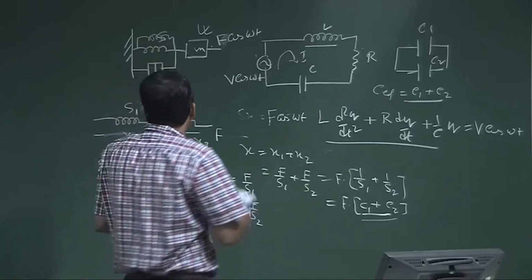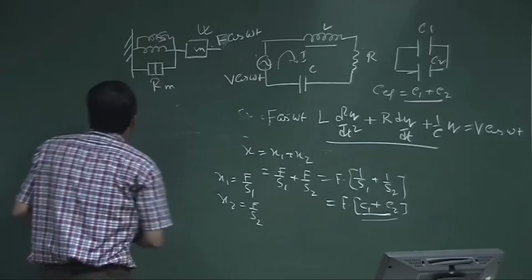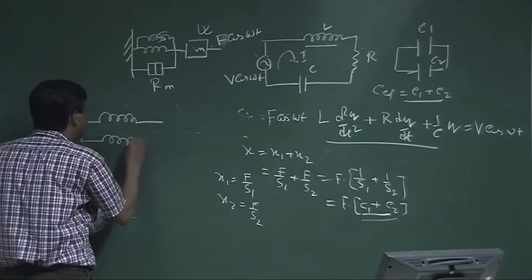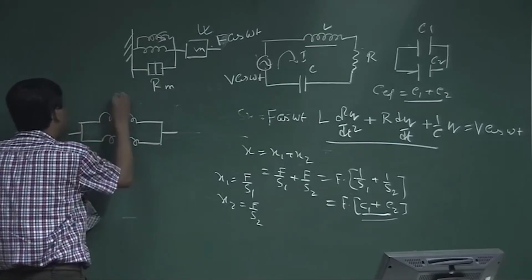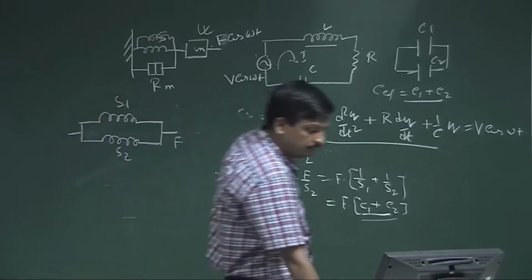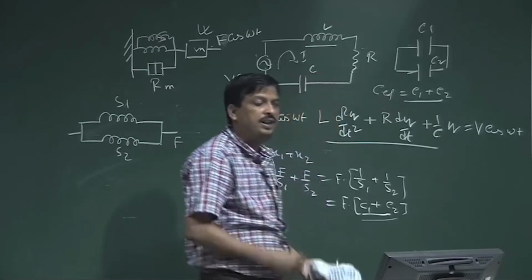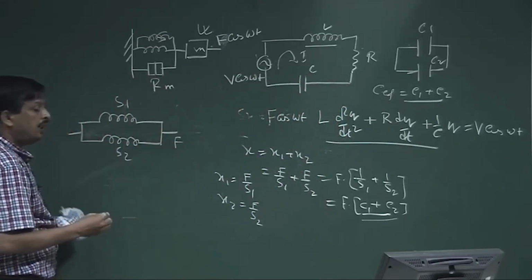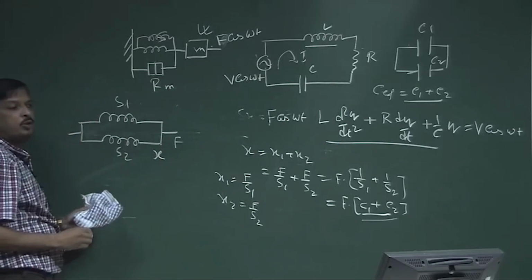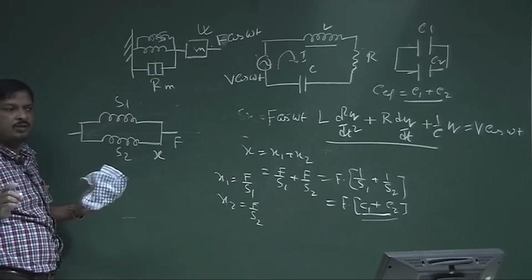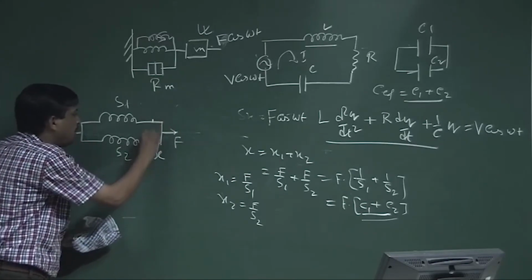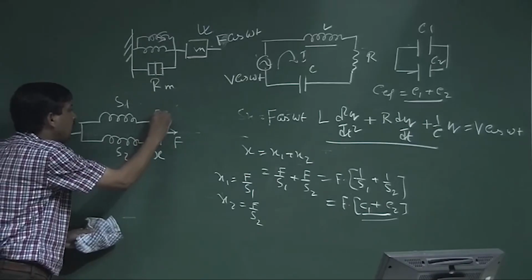Okay. Similarly, if two springs are connected in parallel, this is S1 and this is S2, and force F is applied, then what will happen? Let the displacement be x, the total displacement. The total force acting is the force here plus the force here.